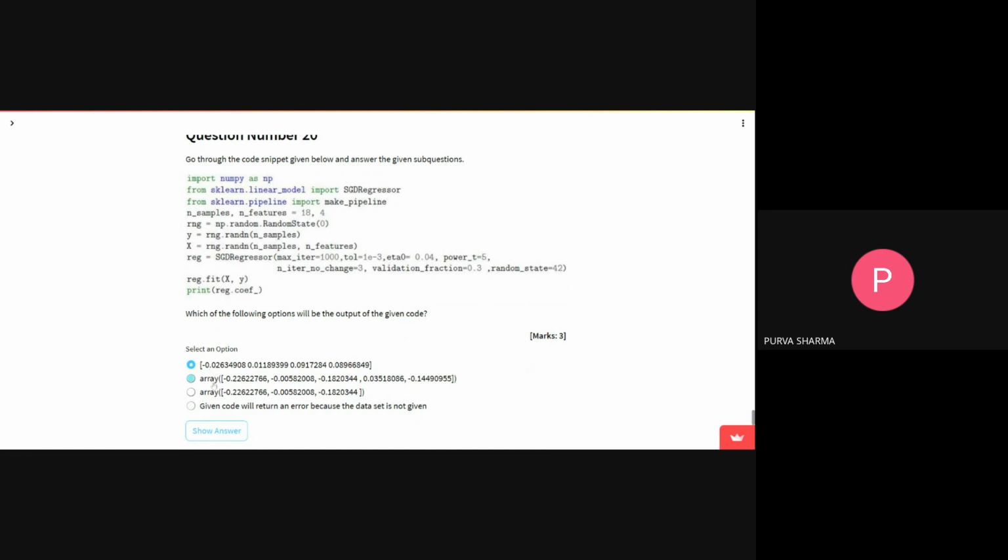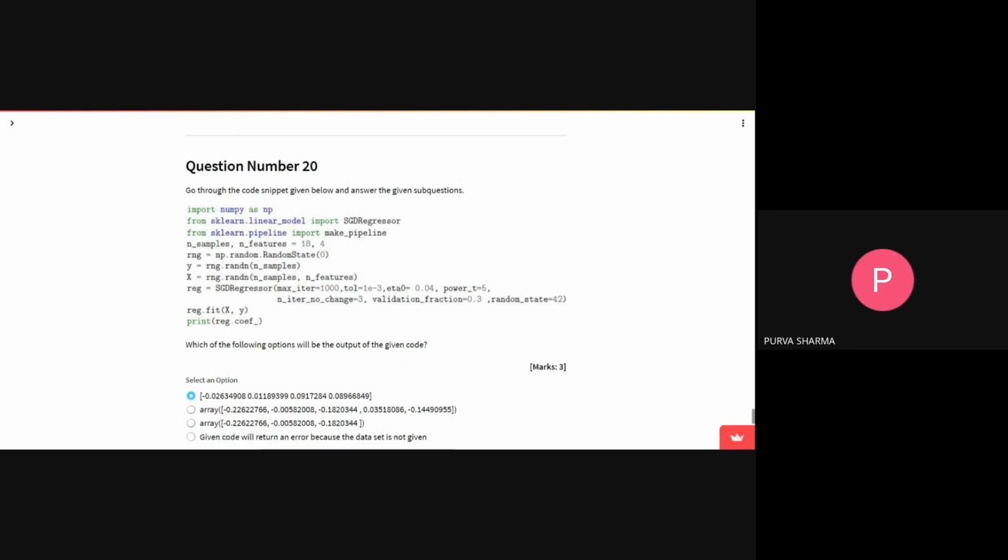It's just the way the output is presented to us, an array, and a list will not be presented. This is basically the syntax thing. Both of these options would match the syntax.